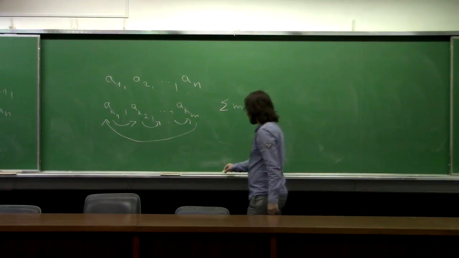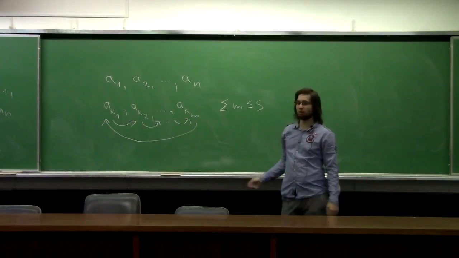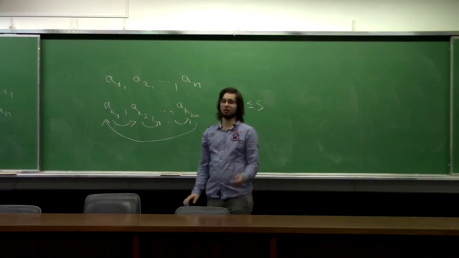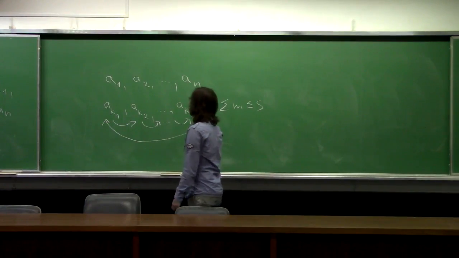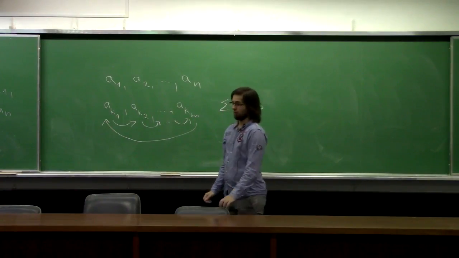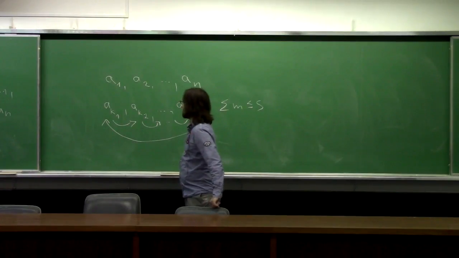And this has a surprisingly simple solution if there is no such bound. Of course, if there is a number ai equal to i, then we don't need to do anything with it. If there is just one cycle in this permutation, then we can just suitably shift that cycle.